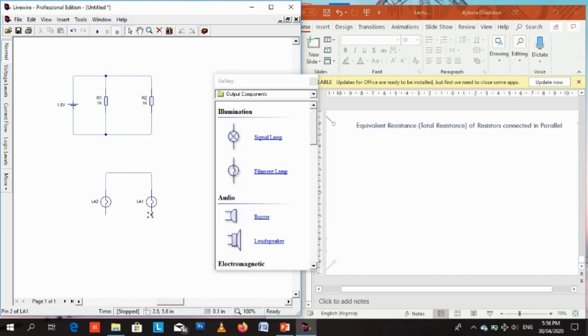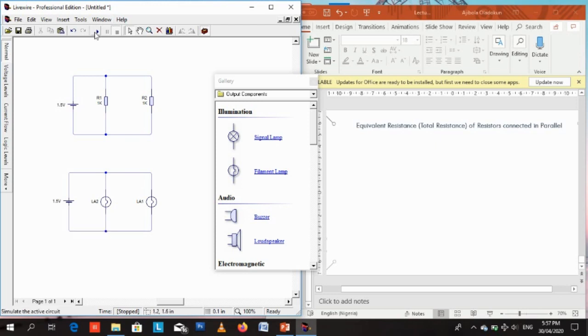It can also be a filament lamp or an incandescent bulb. If you want to connect them in parallel, you connect them the same way I connected the resistors in parallel. One terminal to the corresponding terminal of the other bulb or incandescent lamp. So let's connect a power supply across the two filament bulbs connected in parallel.